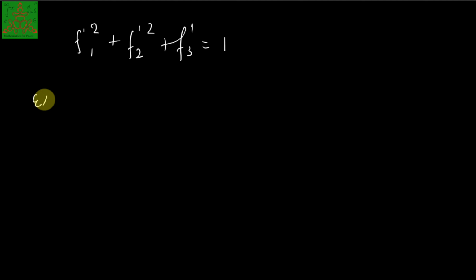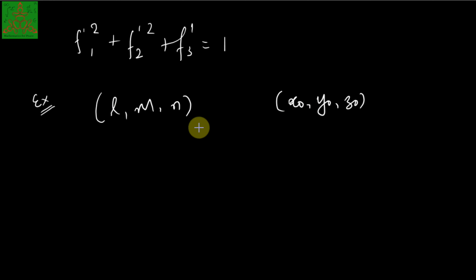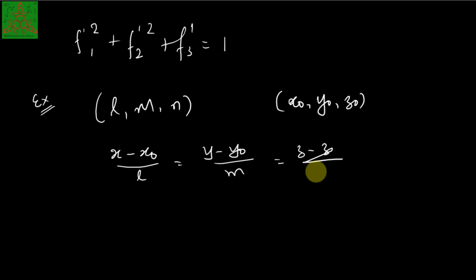Let us give examples of curves in R3. The simplest example of a curve is a line. A line with direction cosines l, m, n and passing through the point x0, y0, z0 has the Cartesian form (x minus x0) by l equal to (y minus y0) by m equal to (z minus z0) by n.